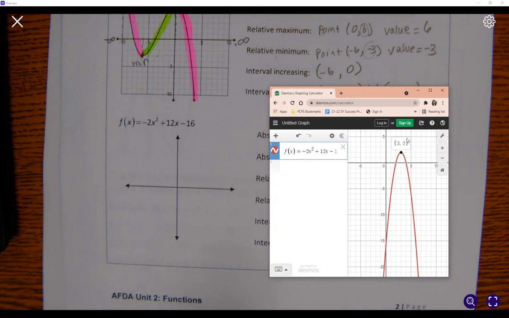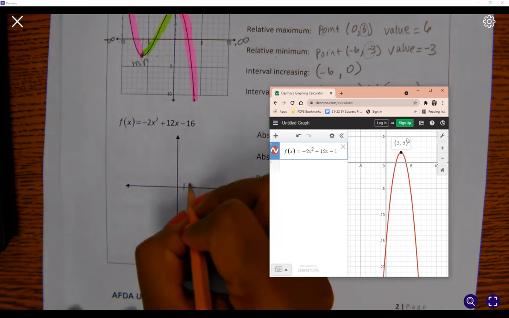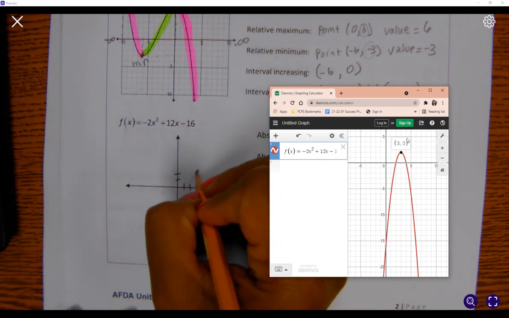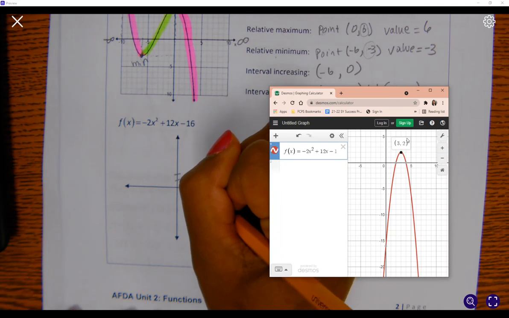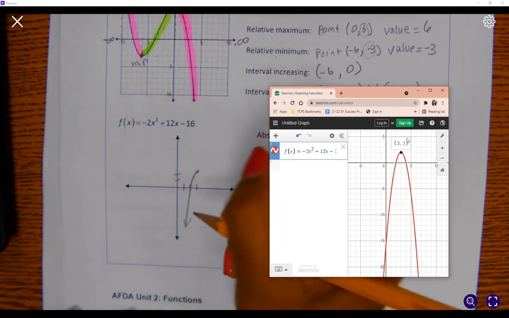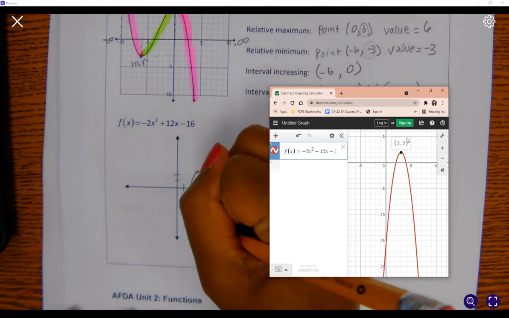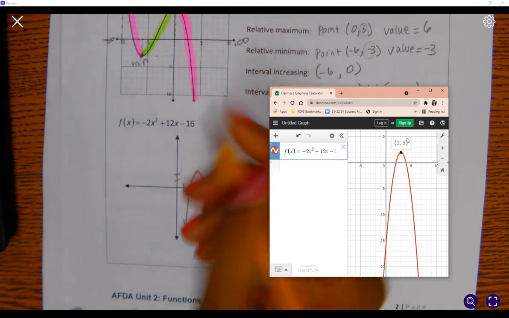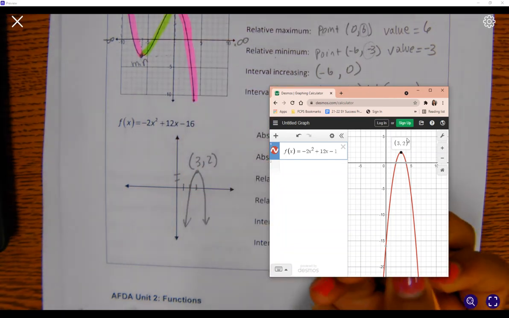So on my graph, let me just sketch it. It's at x equals 3, y equals 2. So this is my critical point. And then it goes down here. So there's my graph right there.